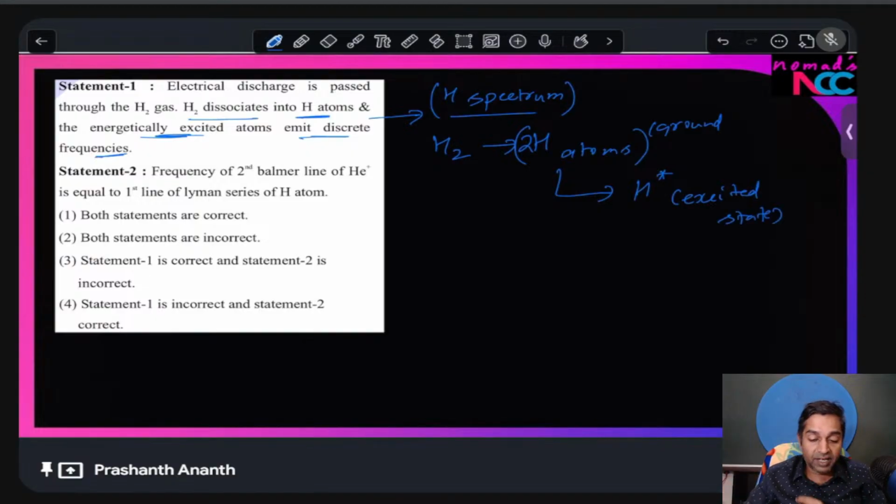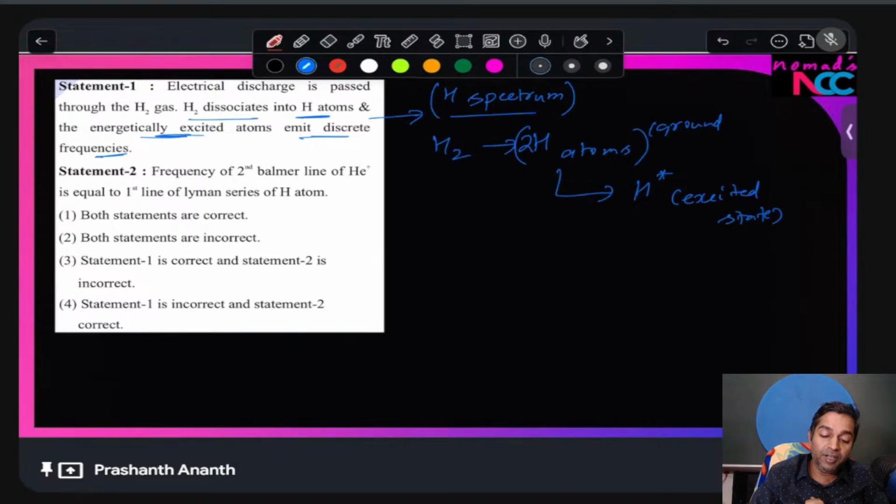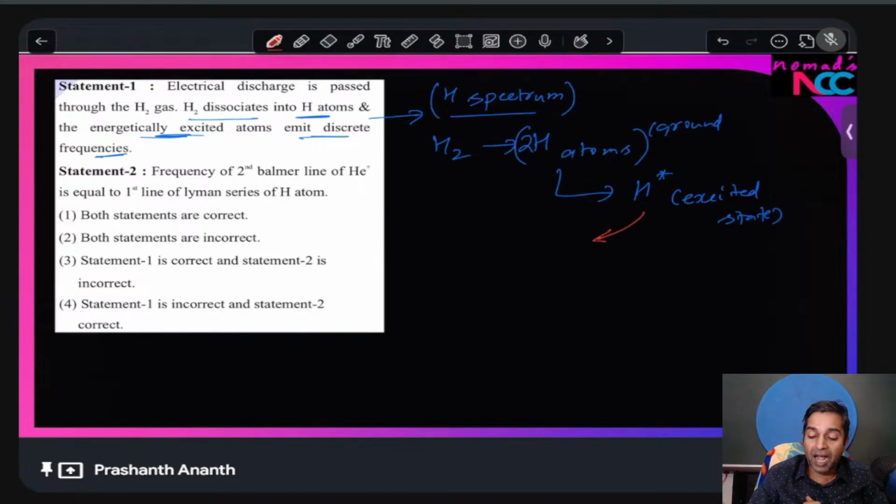Once they have gotten excited, they are going to be emitting some discrete frequencies. So when they come back down to ground state, they are going to be emitting some frequencies. That is what is going to be happening in this process.